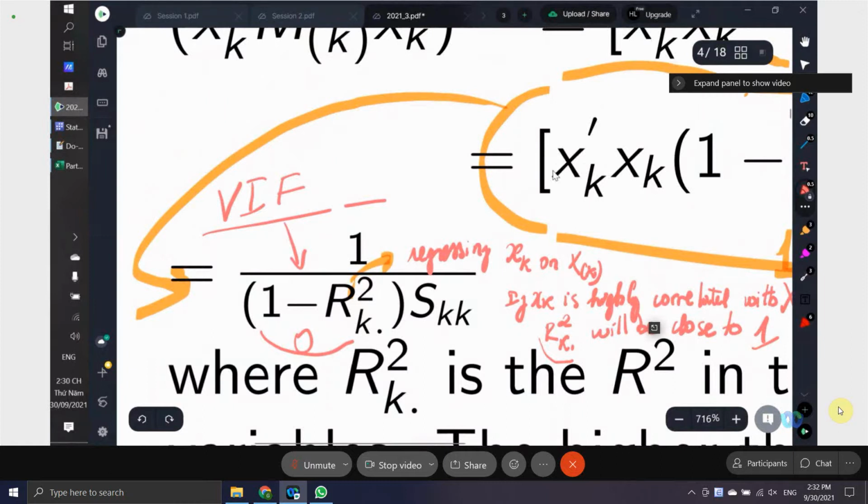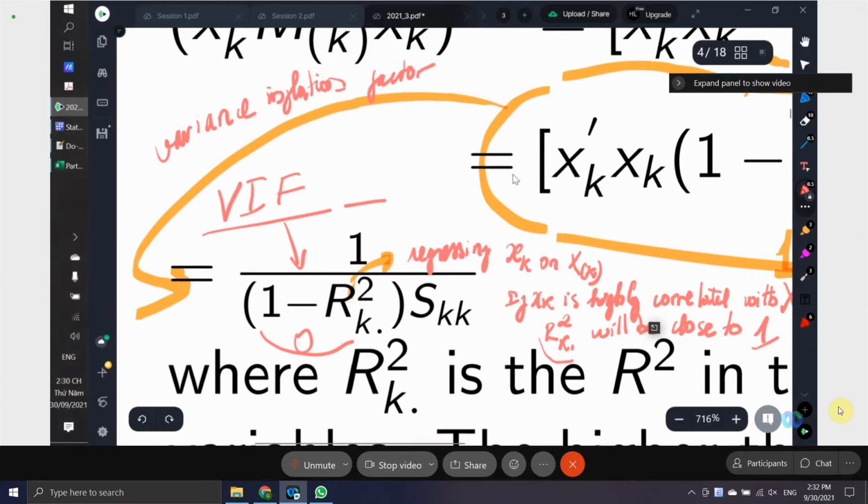The name for this quantity is the VIF, and it is the abbreviation of the words variance inflation factor.